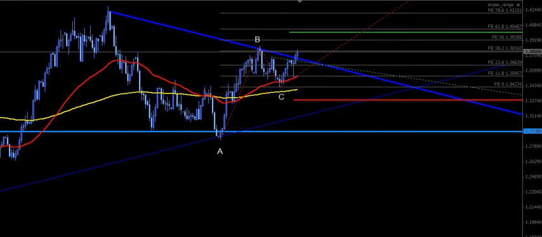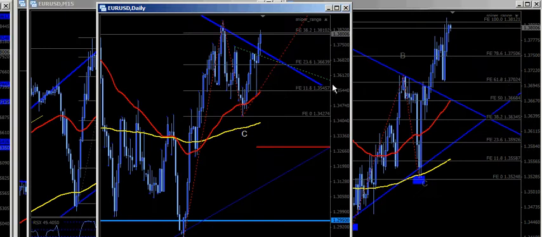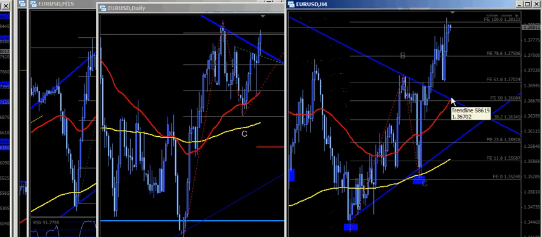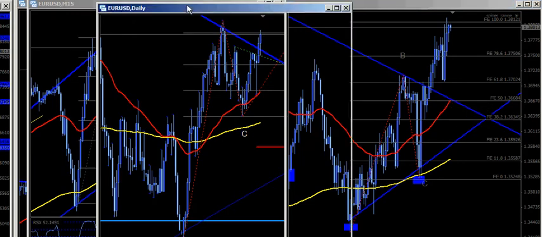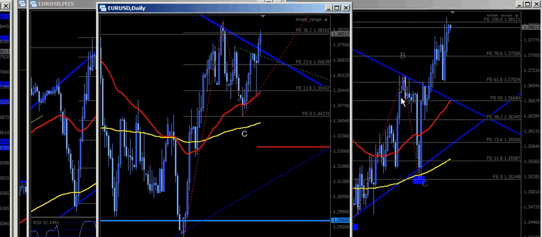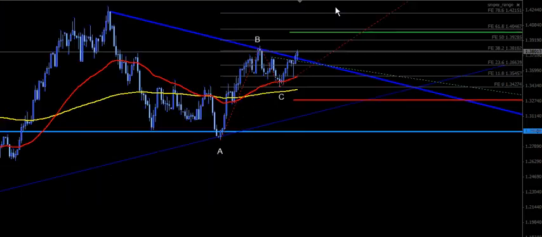Okay, and keeping a close eye on a possible test to the 4-hour neckline here, which could be another possible larger pullback for a decent buy at that point. But for now, I'll just trade off the smaller time frames and intraday trade.